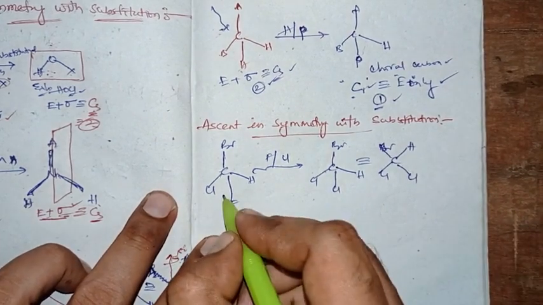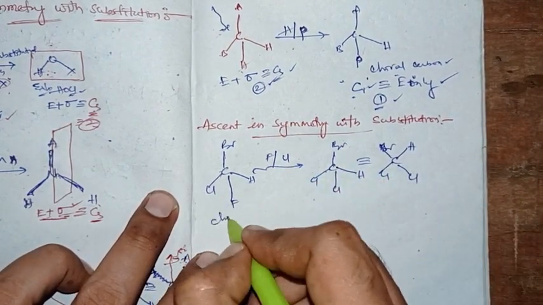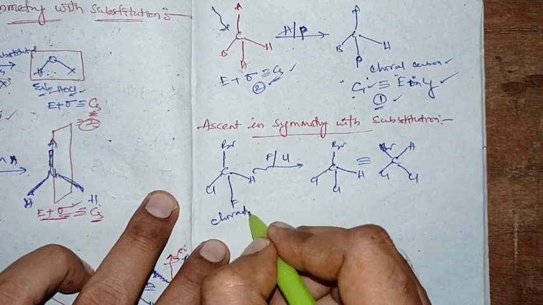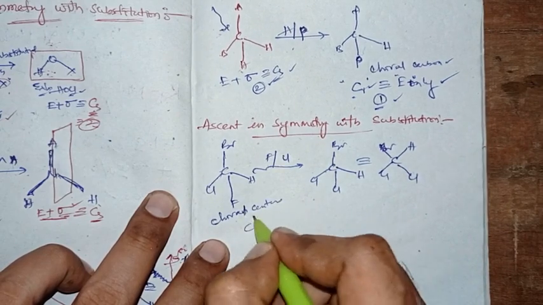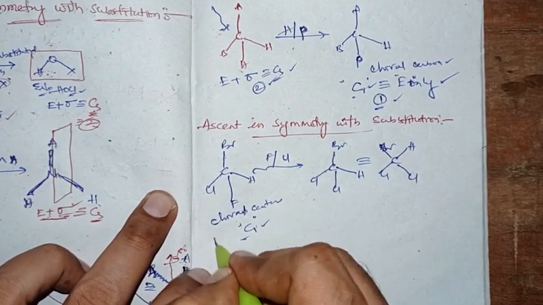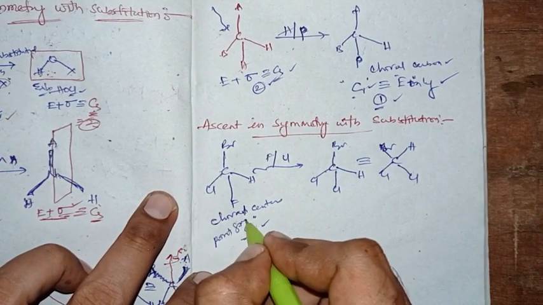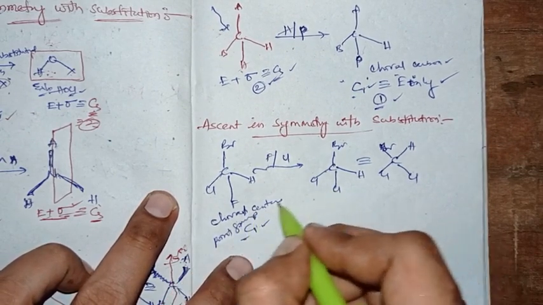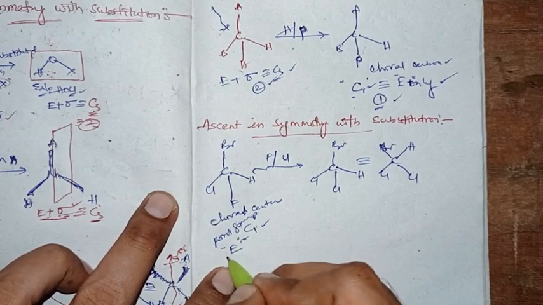As it is a chiral center, it has the C1 point group. Only one identity element it possesses.